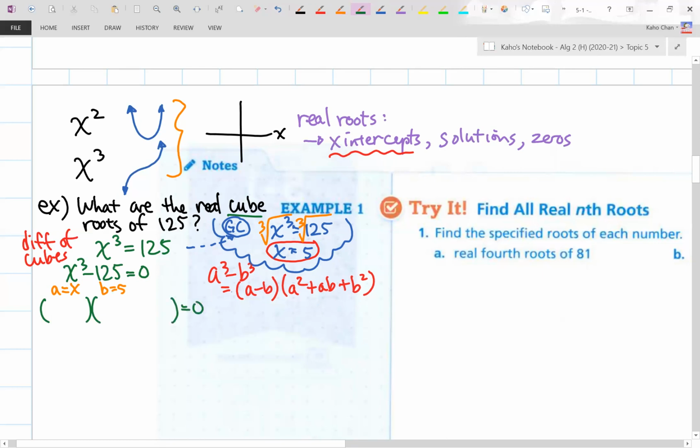All right, so a minus b, x minus 5, great. A squared plus a times b plus b squared. I'm just using the formula right there. So when I do that, I get this. Split up and solve.